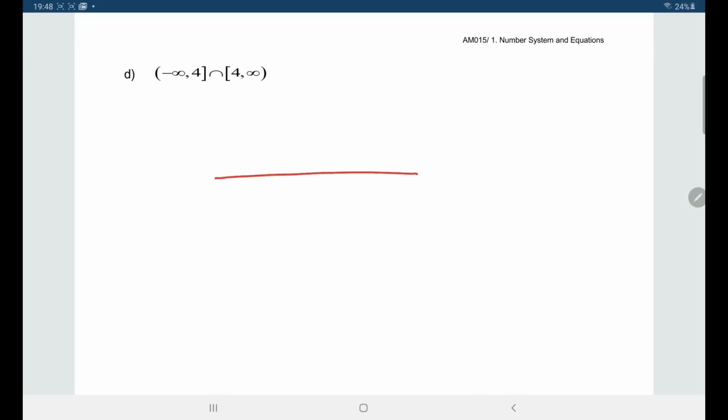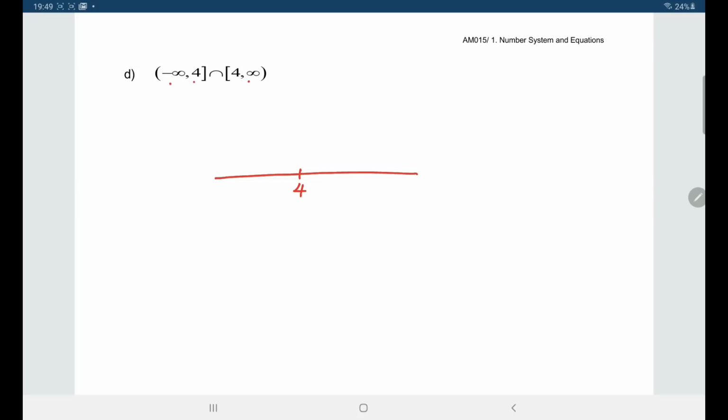Mark the number line using the end values of the intervals according to their values. From both intervals, from smaller value to higher value are negative infinity, 4 and positive infinity. Okay, then we mark here number 4.